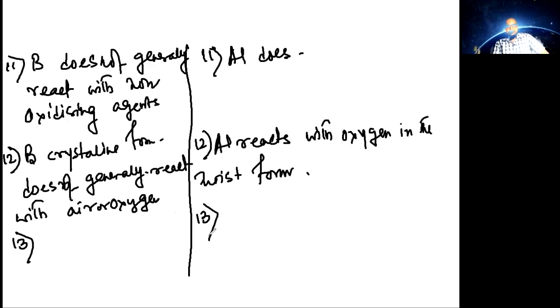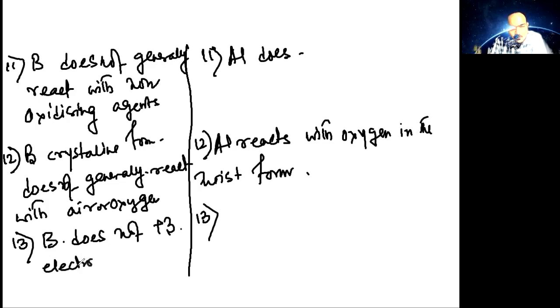Number 13. Boron does not show +3 electrovalency, but it shows +3 covalency.